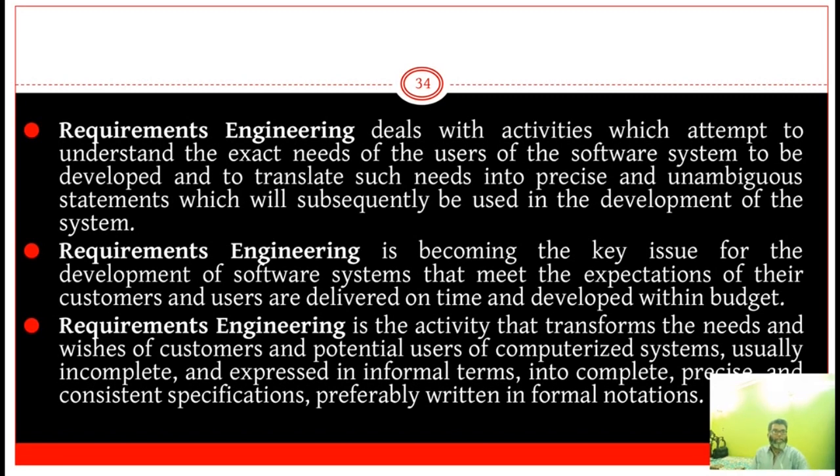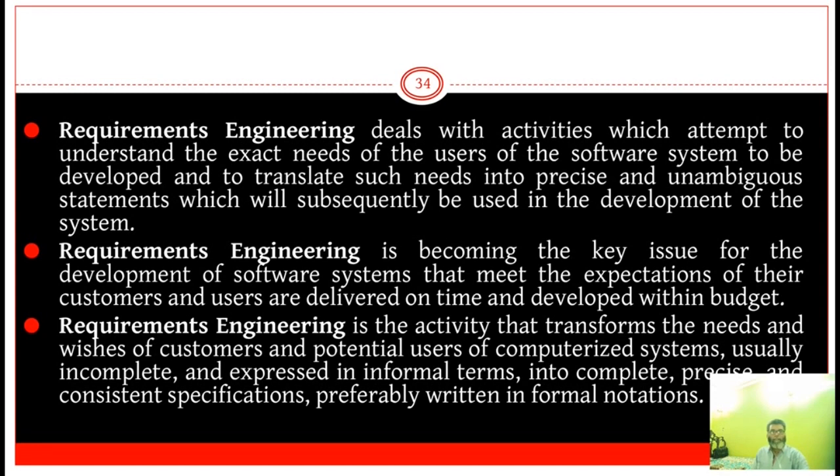It deals with activities which attempt to understand the exact need of the users of the software system to be developed and to translate such needs into precise and unambiguous statements which will subsequently be used in the development of the system. It becomes the key issue for the development of software systems that meet the expectations of their customers and users, and are delivered on time and developed within budget.